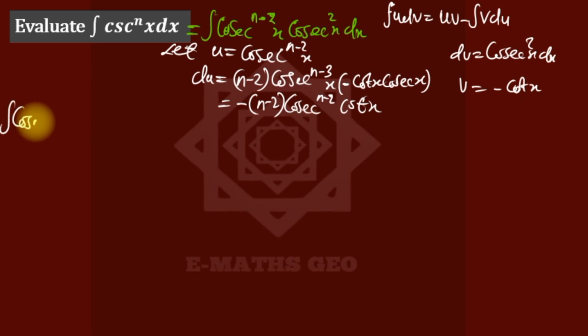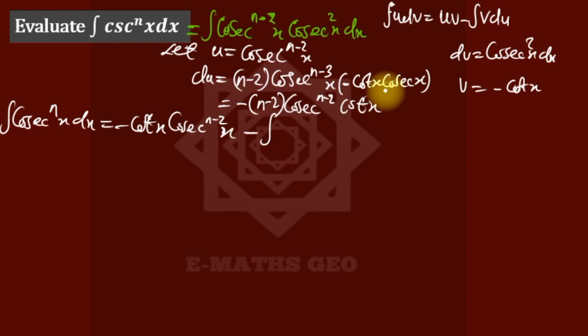The integral of cosec x raised to power n is equal to uv, which is minus cot x cosec x raised to power n minus 2, minus the integral of v du. Multiplying the signs, this is now plus, and we get the integral of cosec x raised to power n minus 2 times cot squared x dx.